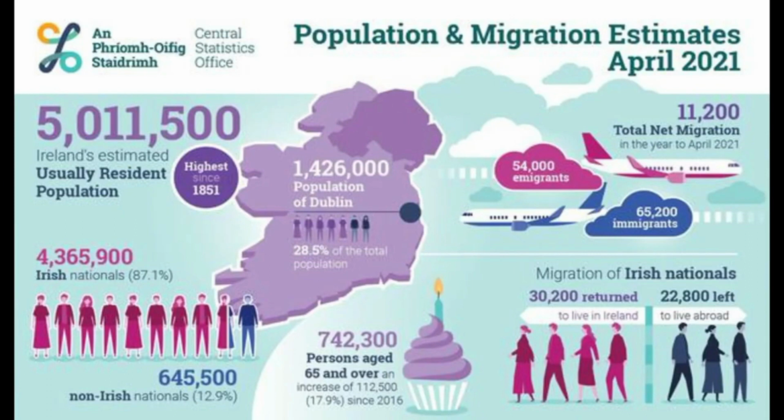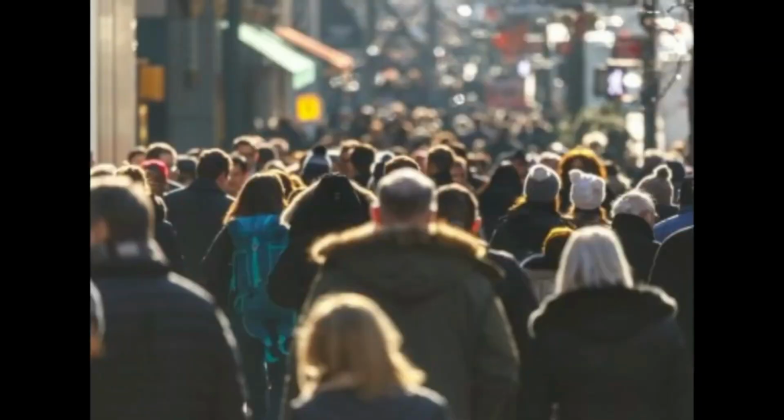CSO projections estimate that the population in the Republic could hit around 6 million by 2046, so a 10 million figure is possible, but not probable, even though the projection is in a scenario where Ireland's fertility rate is high.